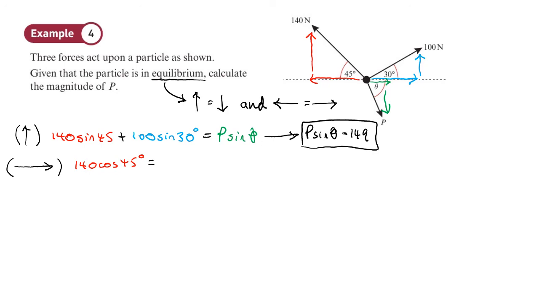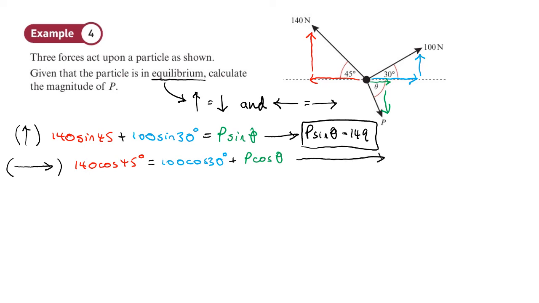So the blue one will be 100 cos 30 plus the other one pointed to the right will be P cos theta.